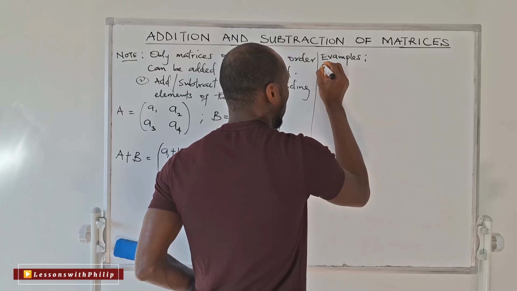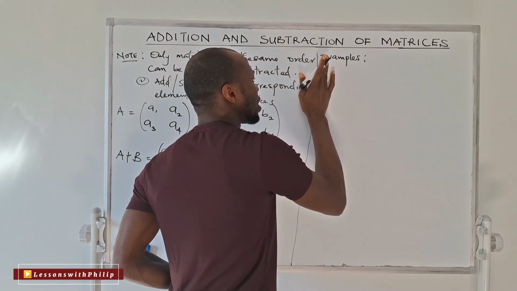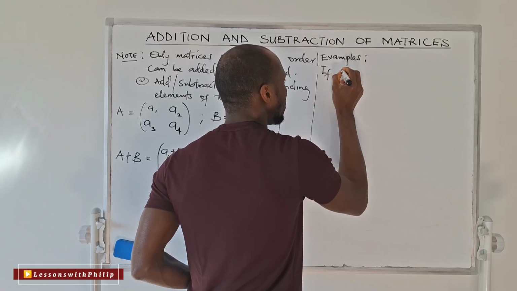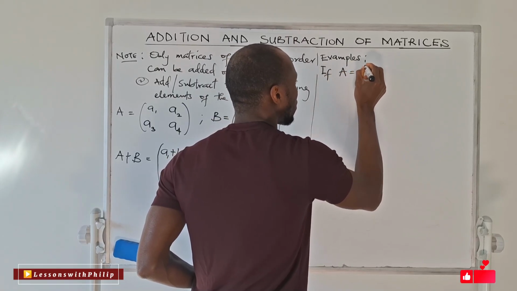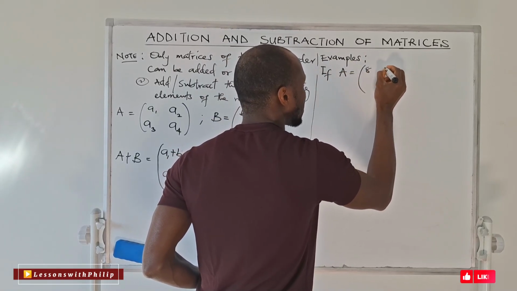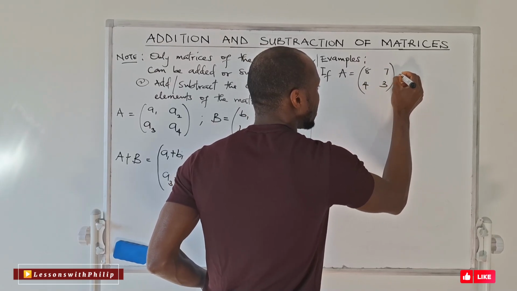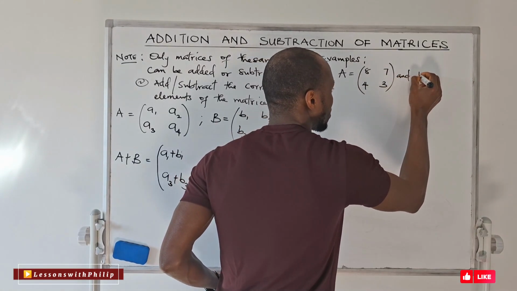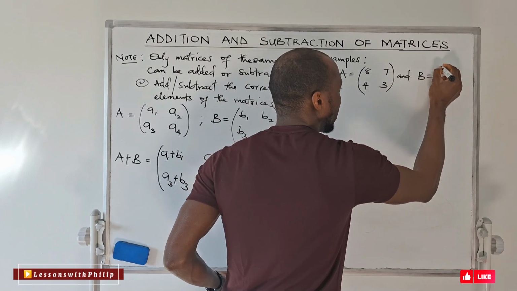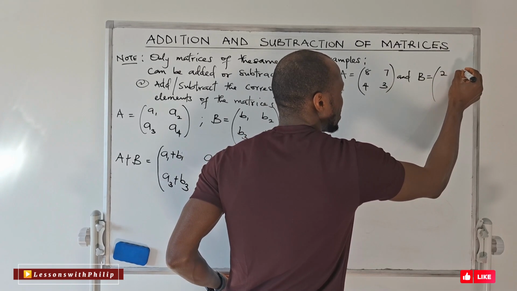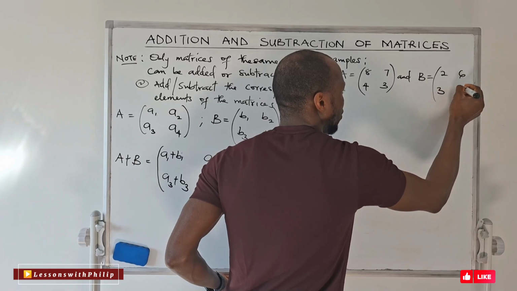Okay? Number 1. Assuming that we are given matrix A equals 8, 7, 4, 3, and my matrix B is equivalent to 2, 6, 3, 1.